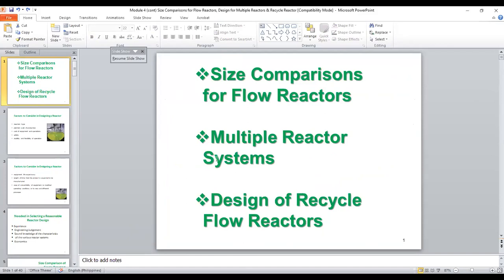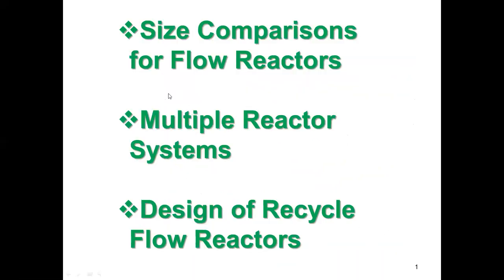Now for this particular set of slides, we'll first be talking about comparing sizes for flow reactors, meaning which will require a bigger reactor size in terms of conversion, or which of the two will have a greater degree of conversion given the size of the reactor.